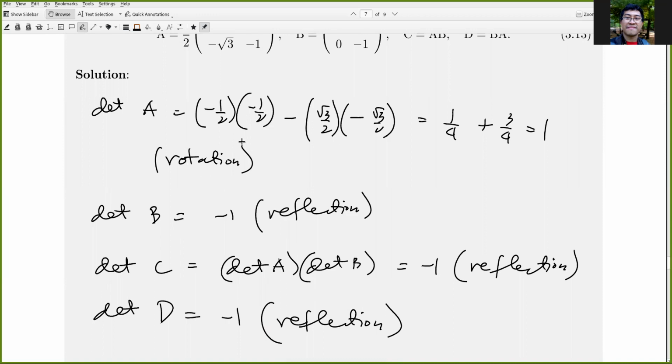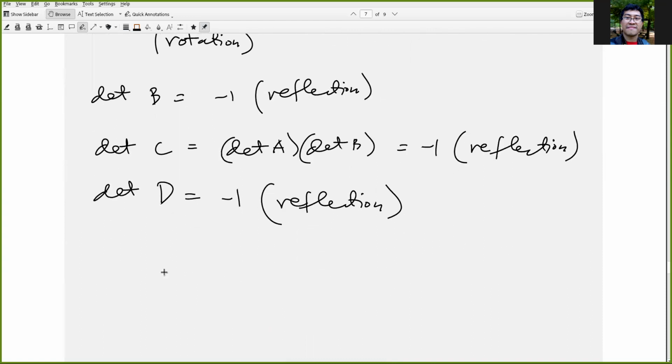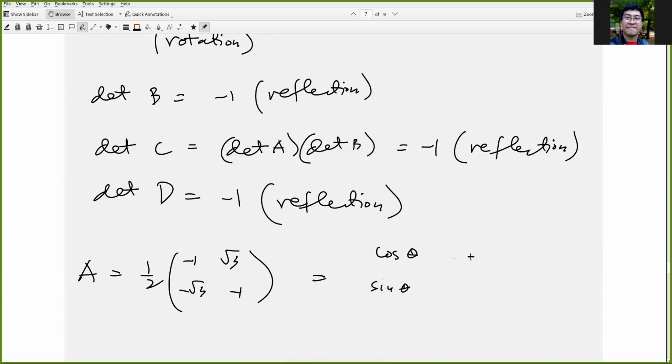For rotation, we also want to know the angle of rotation. To determine that, we can compare A, which is 1/2 of negative 1, square root of 3, negative square root of 3, negative 1, with the rotation matrix cosine theta, sine theta, negative sine theta, cosine theta.